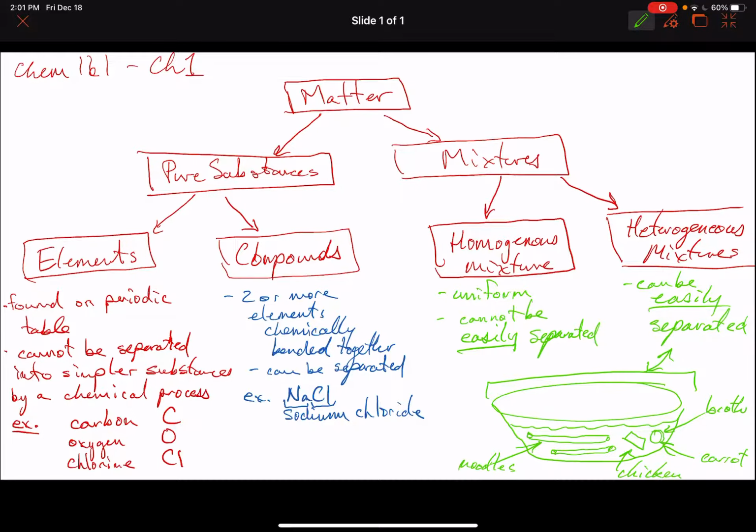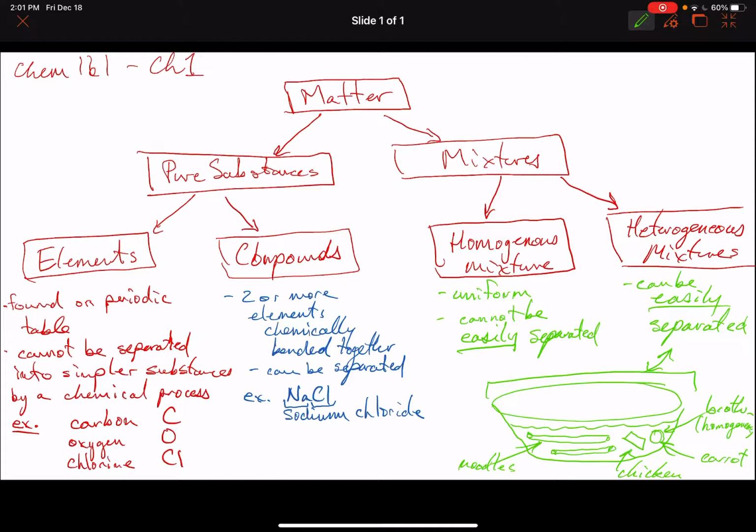Now the broth, once free of all of the larger segments of material, noodles, chicken, carrots, might be regarded as being uniform, meaning it would be mostly the same color, perhaps the same consistency, nothing would settle over time, and so we would call the broth homogeneous, therefore. And that would be a homogeneous mixture.